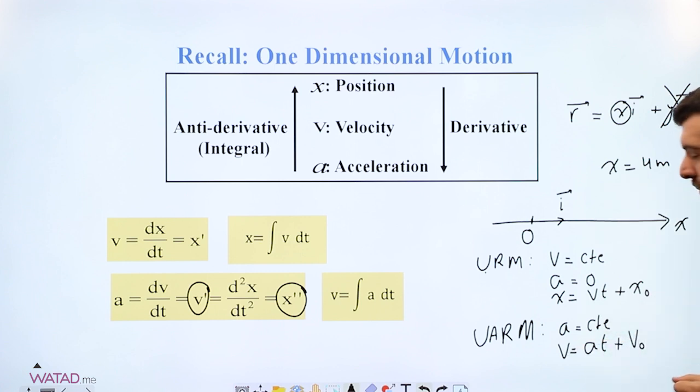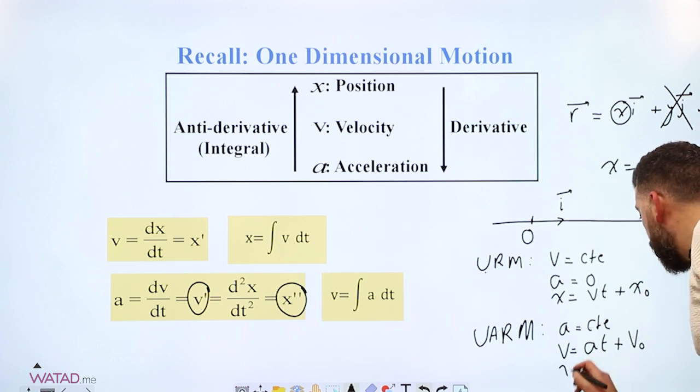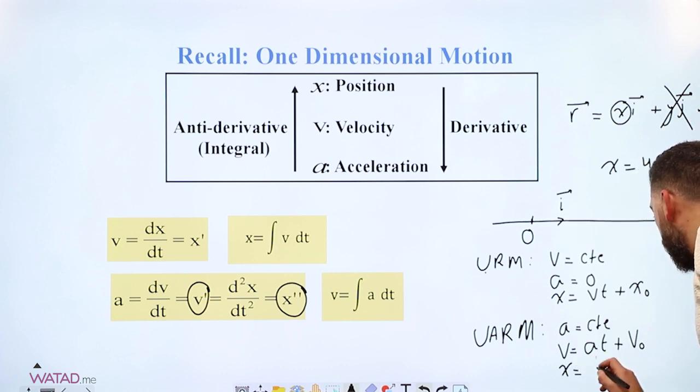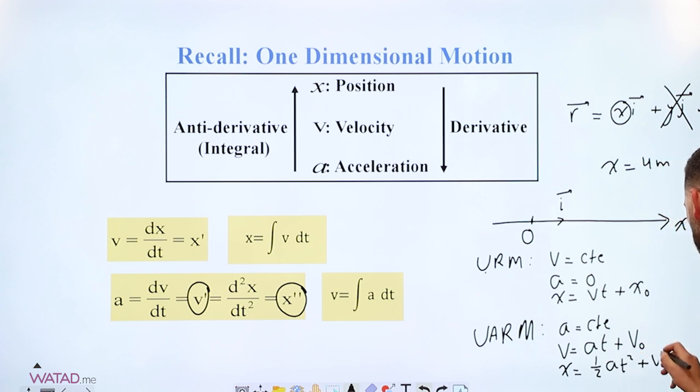This is correct. Now the position x is equal to half a t square plus v0t plus x0. This is the position of the particle at any time.